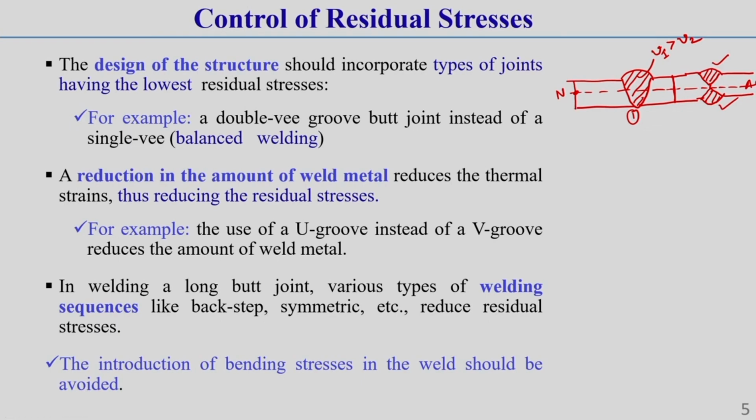That means where the bending stress is 0, that section or line is called the neutral axis. About this neutral axis, in case of a single V bar joint, there will be a volume of material at the top side, and let this be the volume of material at the bottom side.